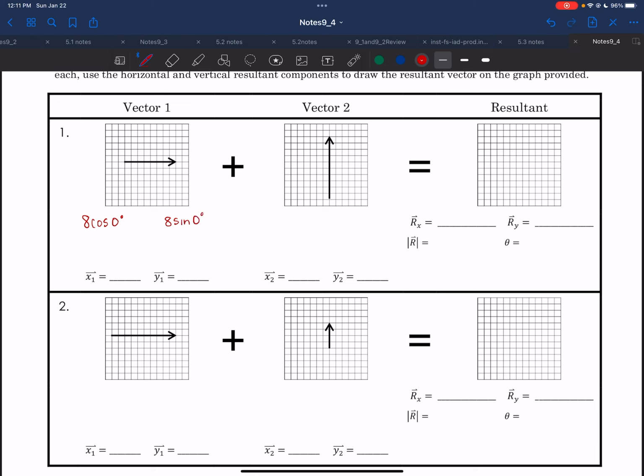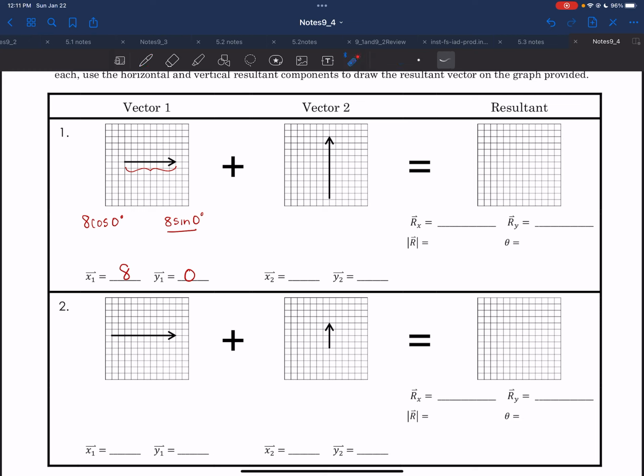Well, in this case, I can actually just count that I have 8 in the x direction. It's heading to the right, so it's positive. So I have 8. I have nothing going in the y direction, and I can double check that by doing 8 sine of 0, and I still get 0. So there we go. That is the x and y value for that first vector.